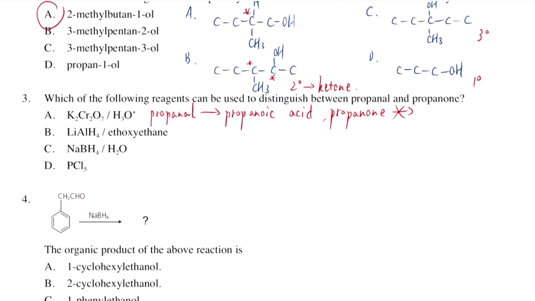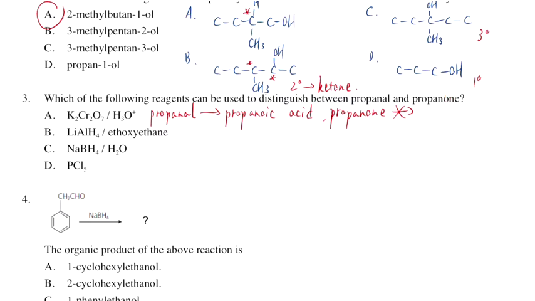Okay, and for the second one, we have lithium aluminium hydride with dry ethoxyethane. For this one, it will undergo reduction. Remember, we have just talked about this kind of reaction in this lesson. Both aldehyde and ketone would undergo reduction to give alcohol.